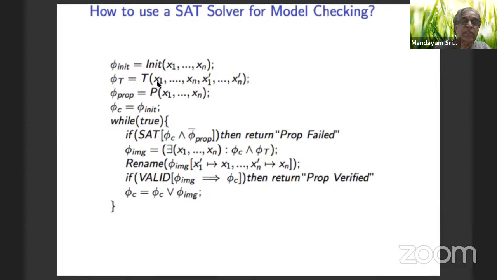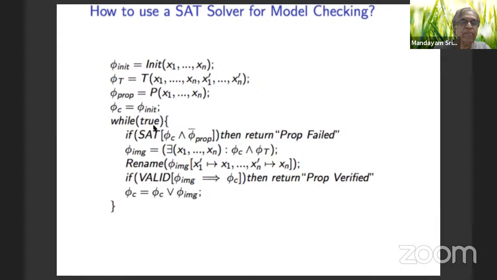The assumption is that rather than computing the fixed point, you will just keep it in some CNF normal form. And suppose this is the property that you want to verify, which is also a formula in terms of the variables shown here. You start this loop, which is similar to the fixed point computation loop.